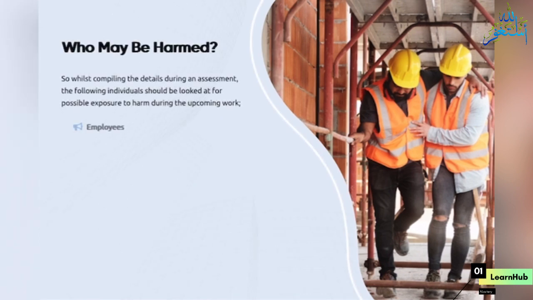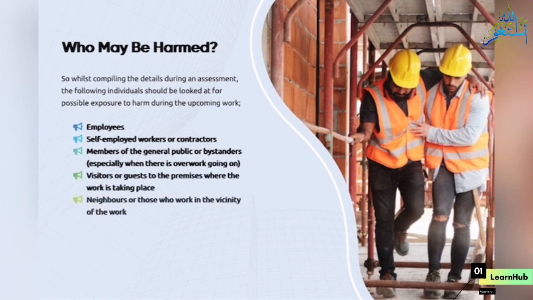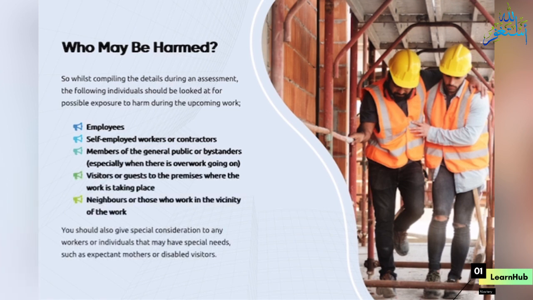So, whilst compiling the details during an assessment, the following individuals should be looked at for possible exposure to harm during the upcoming work. Employees, self-employed workers or contractors, members of the general public or bystanders, especially when there is overwork going on.